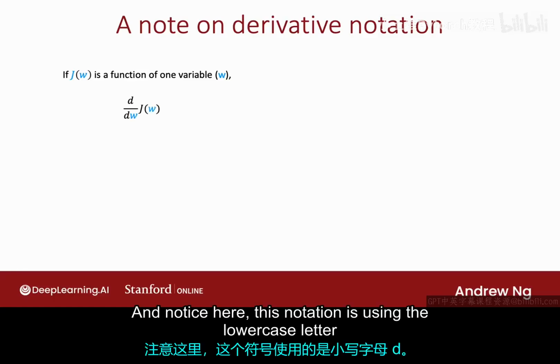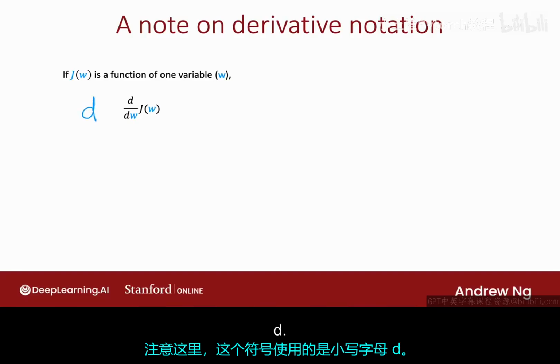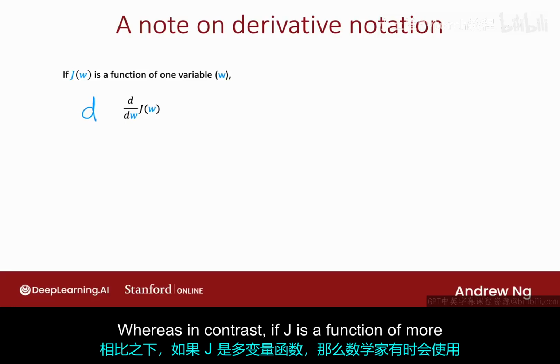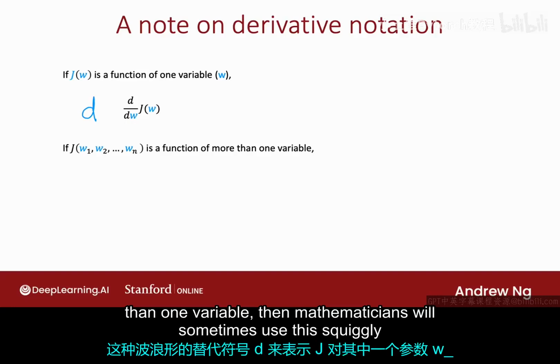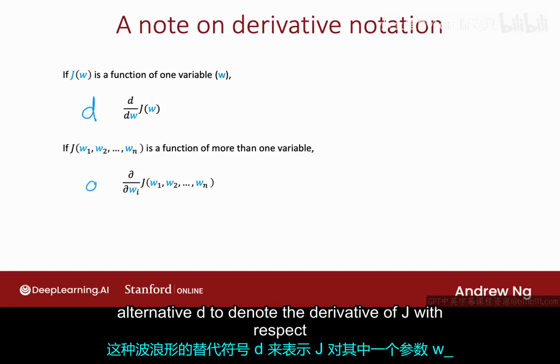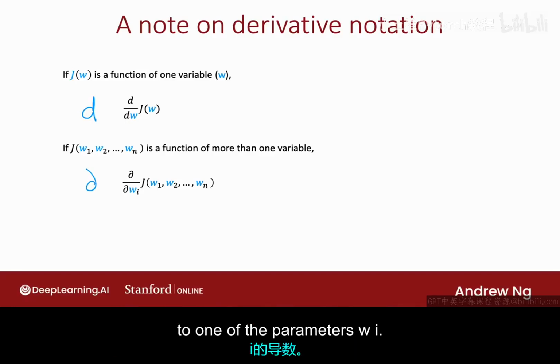And notice here, this notation is using the lowercase letter d. Whereas in contrast, if j is a function of more than one variable, then mathematicians will sometimes use this squiggly alternative d to denote the derivative of j with respect to one of the parameters wi.